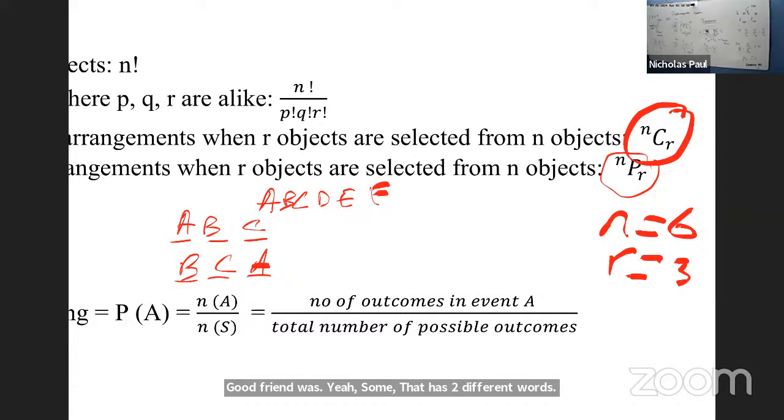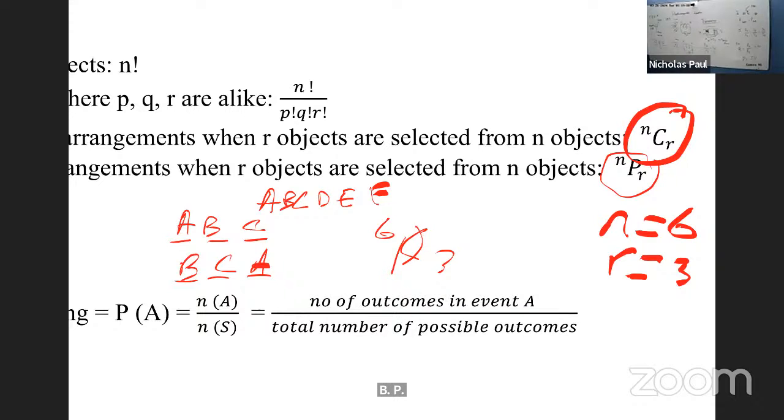So if you select A, B, C, and then you select B, C, A, same three letters, but it's 2 different words, so based on the condition, you're going to use 6P3.